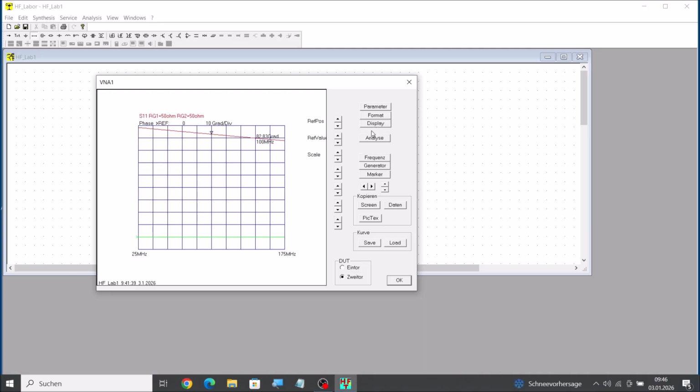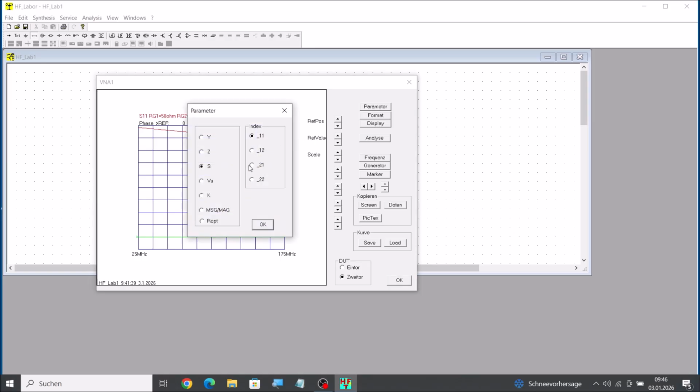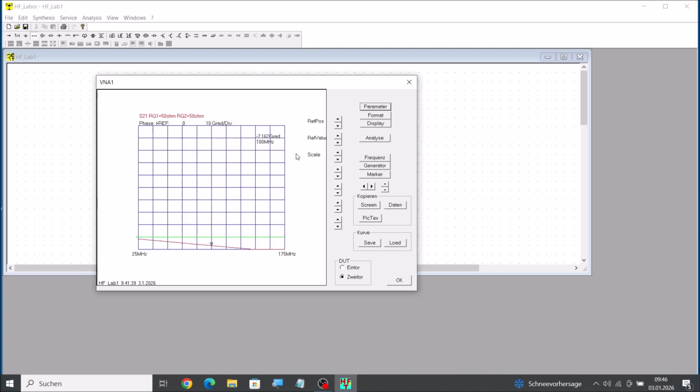We can also have a look at the parameter S21, and again we can have a look at the value.